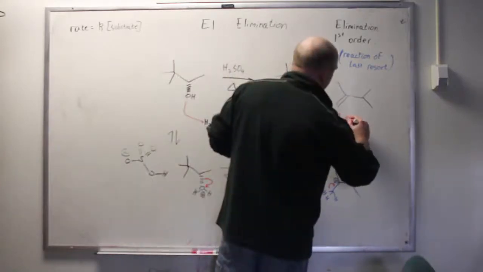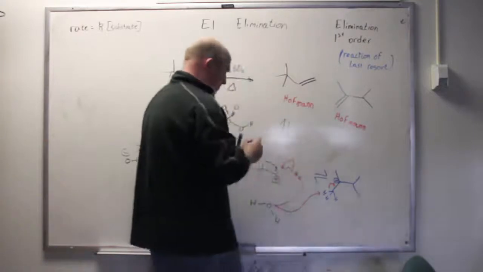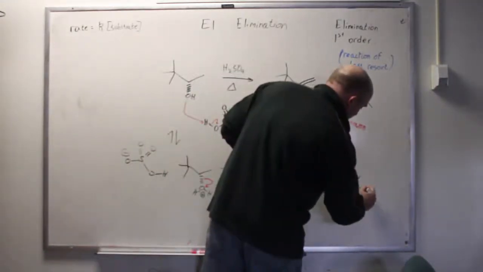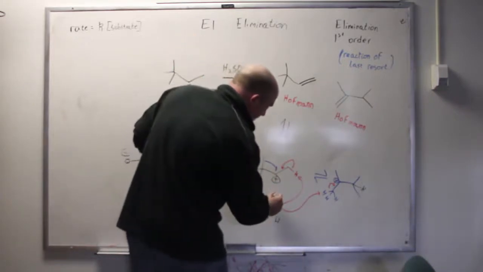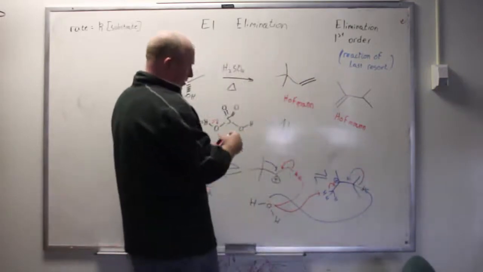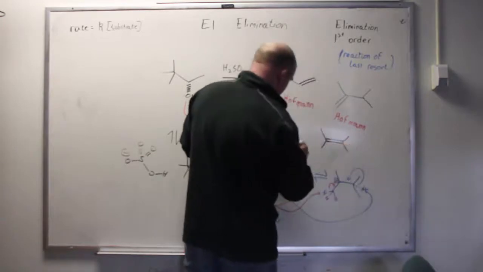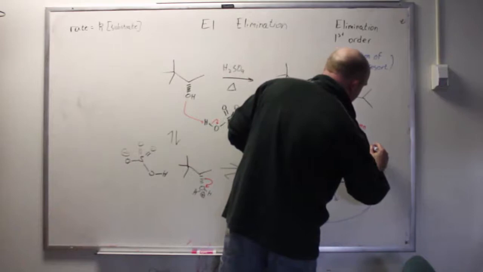And this also would be a Hofmann product because, again, it is the less stable possible outcome. However, there is also a hydrogen present at this location right here, and so we could imagine that the water could deprotonate this hydrogen, and if it did so, that would then lead to what we would describe as the Zaitsev product.